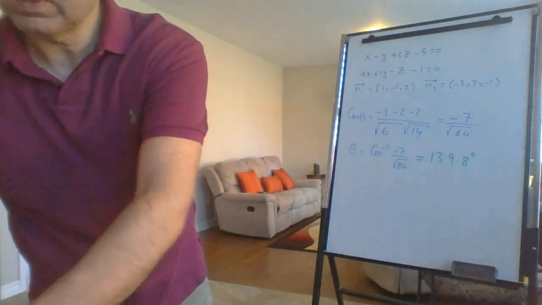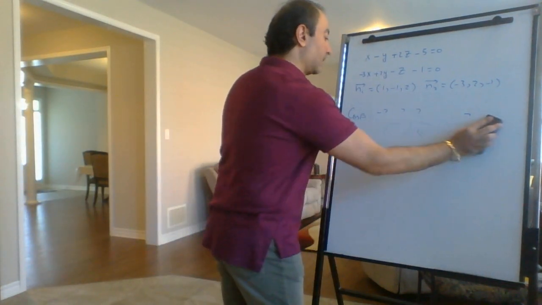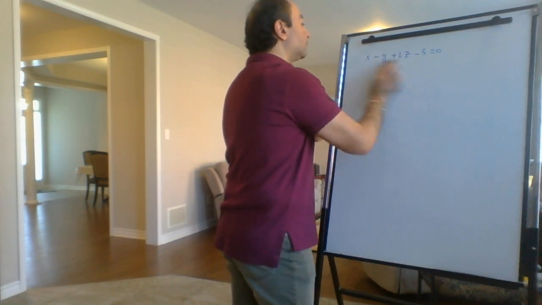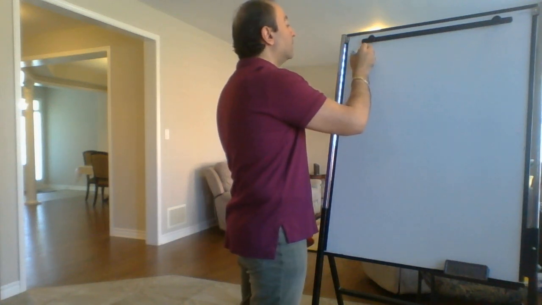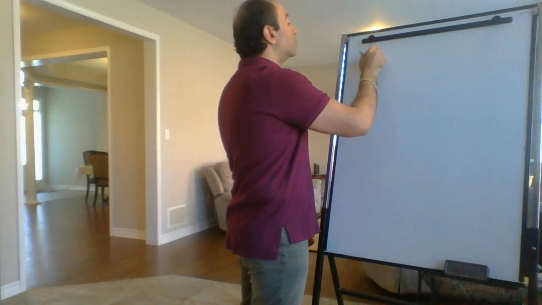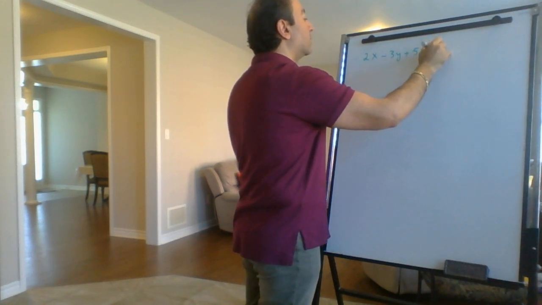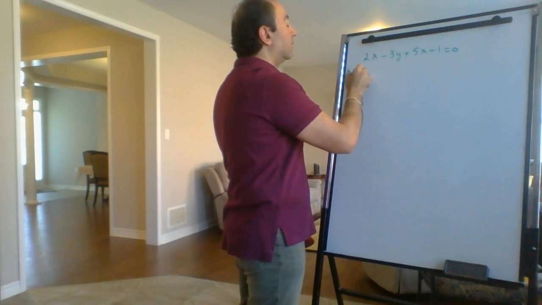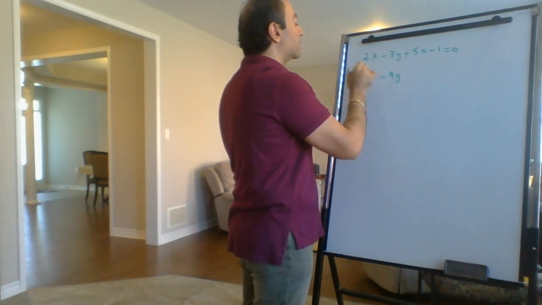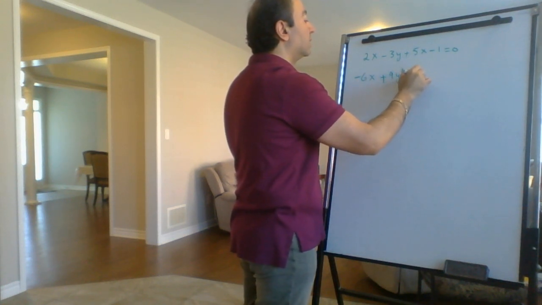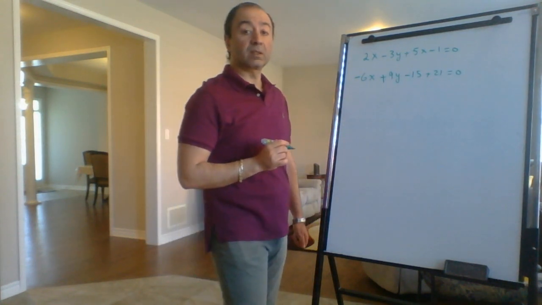Now I want to give you some examples, and you tell me what kind of planes these are. So if we have 2x minus 3y plus 5z minus 1 equals 0, and negative 6x plus 9y minus 15z plus 21 equals 0. What kind of planes are those?